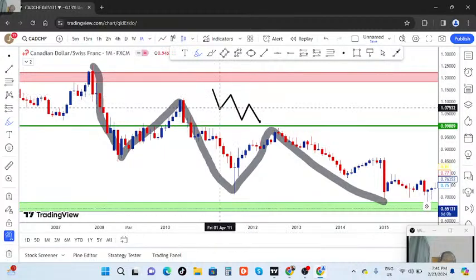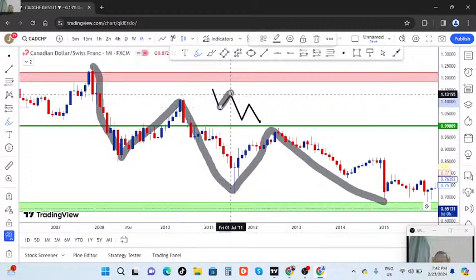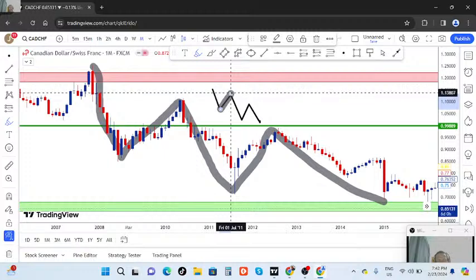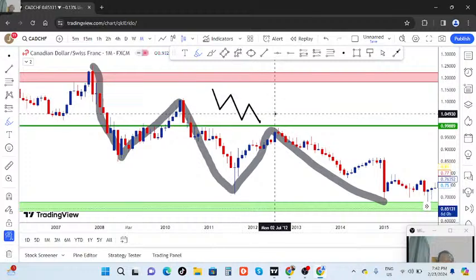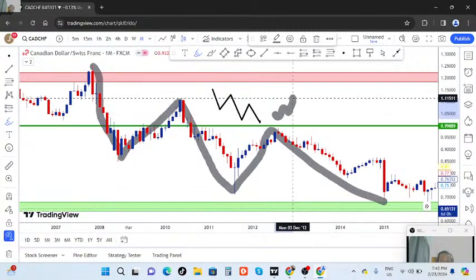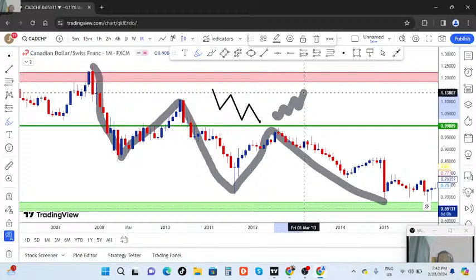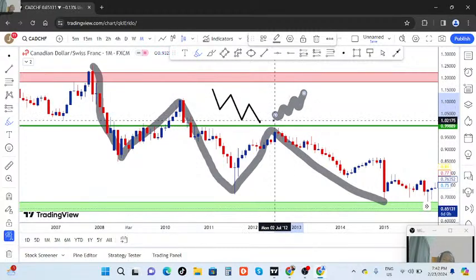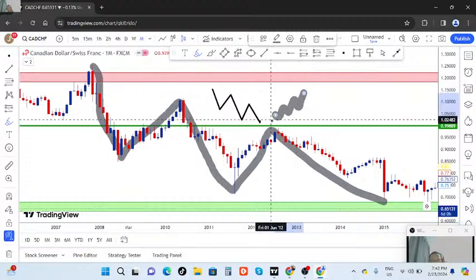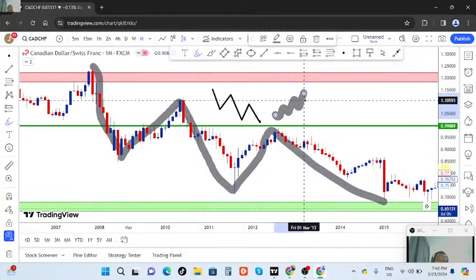When you see that, it doesn't mean it is a retracement. If you're talking about retracement or correction, what you want to see is this: the market must make higher high, higher low, higher high, higher low, higher high. I don't know how many times the market is going to make higher highs and higher lows, but this is what I refer to as a retracement.